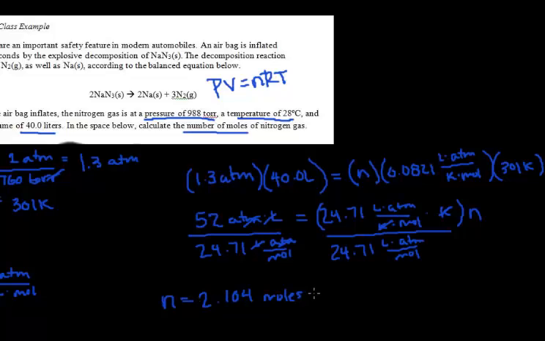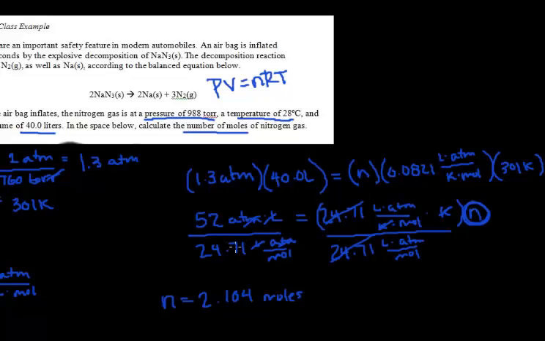Okay, so hopefully you've solved this by now. So give me your attention back up here. When you do all this math, so I simplified this first and then this. Simplifying over here, we've got 24.71. I divided to cancel that out and get my N by itself.